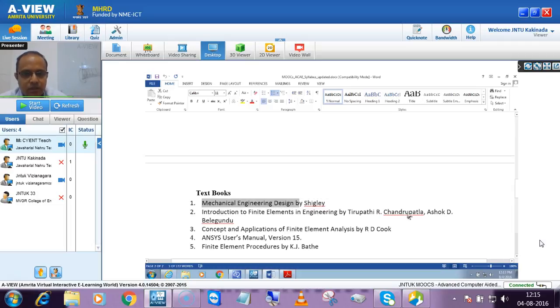Finite element methods by JNTUK MOOCs. Finite element analysis by RT. These are the five books I have studied. Out of which, for finite element methods, you can refer to JNTUK MOOCs and RT. These two are very good books.